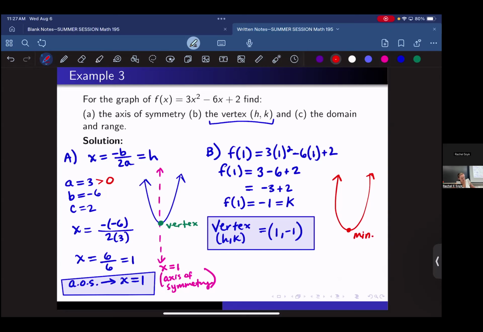So when we're looking at our range, our lowest possible value is the y coordinate of our vertex, which is -1, and there is no maximum, so it shoots up to positive infinity. Our domain has no restrictions, so we once again have all real numbers, negative infinity all the way up to positive infinity. And that concludes this problem.